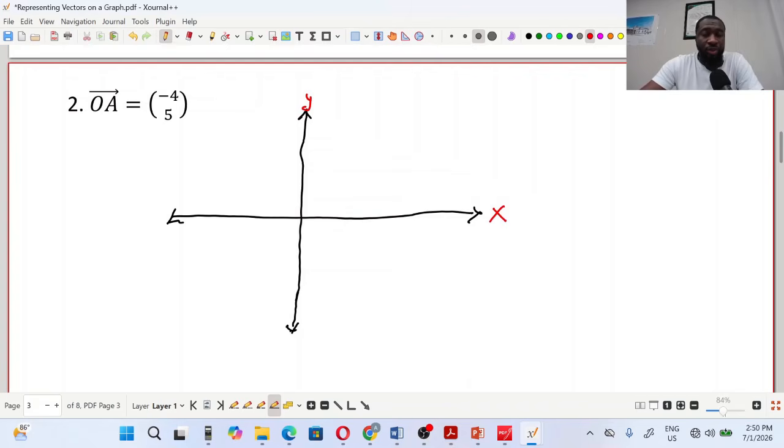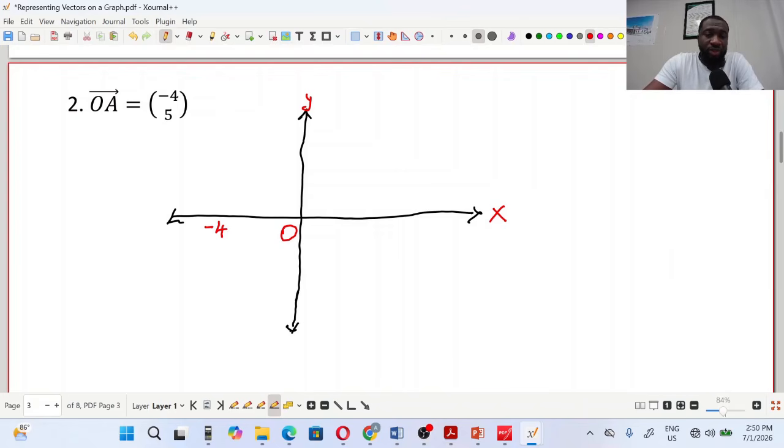I'm moving from O, so my starting point is O. But this is my x and y. I'm looking for negative. This is positive. I'm moving to the right-hand side of x if you're positive, but to the left, I want negative 4. So I'm moving 4 units on the negative part. So I'm representing my negative 4 here, but I'm looking for positive 5 on the y.